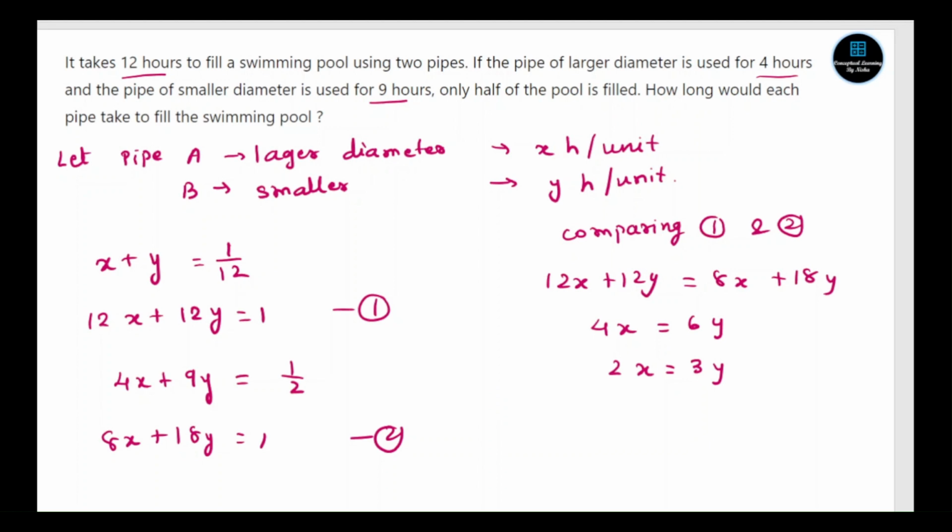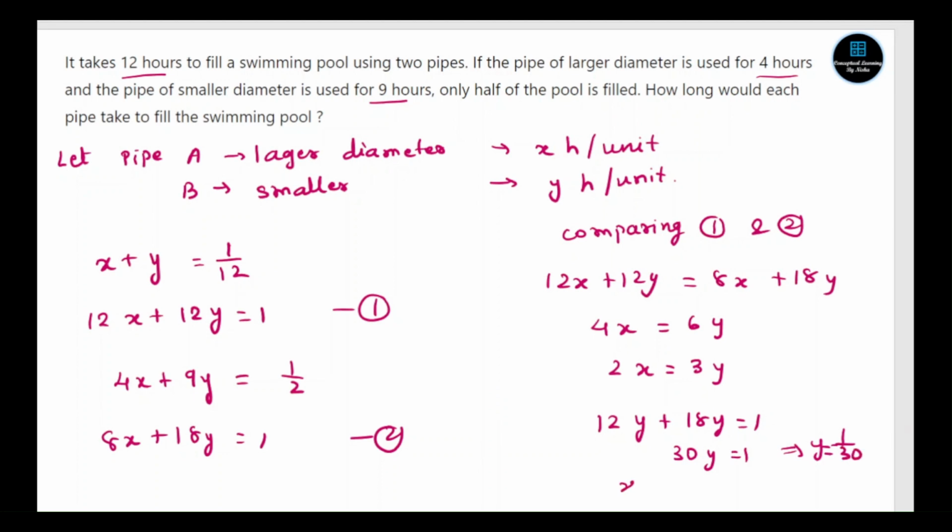So this is 4, so multiplied by 4, I'll get 12y plus 18y equals 1. So we'll get 30y equals 1. So y equals 1 over 30.